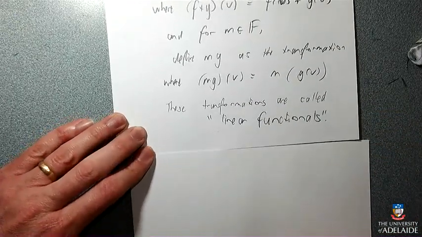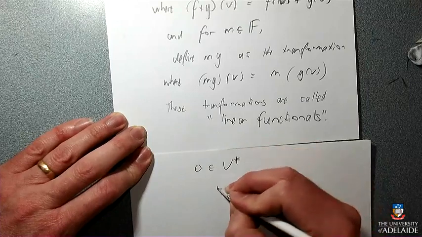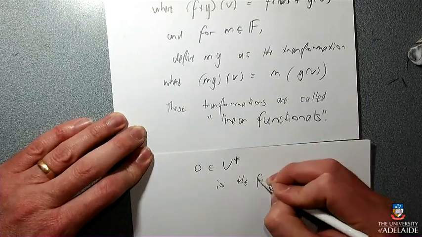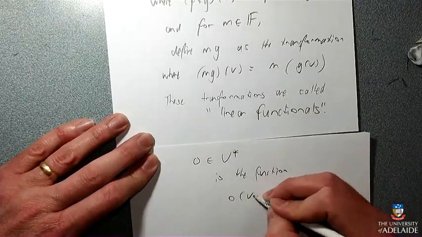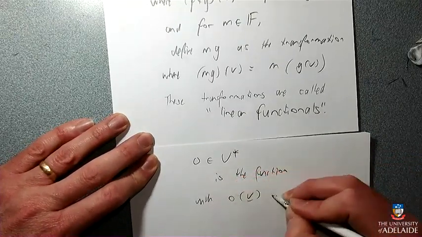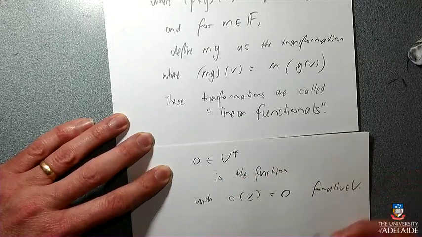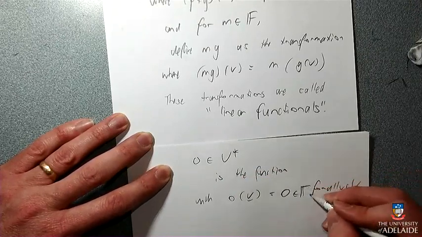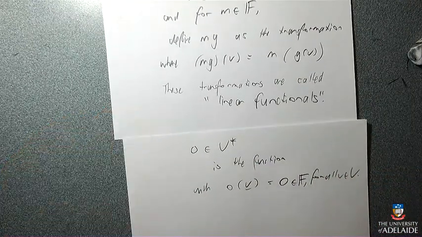So 0 in V star is the function with 0 of v equals 0 for all v in V, where that 0 is in the field. Okay, good. We need to know what the 0 vector is.